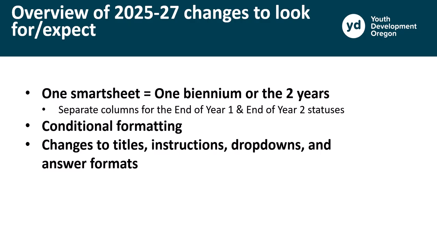Those year 1 and year 2 columns will only be visible in the year of reporting, but they will all be on the same spreadsheet. It also means that for one youth with one period of participation, they'll just have one row in this data report. Okay, we're going to be using some conditional formatting.